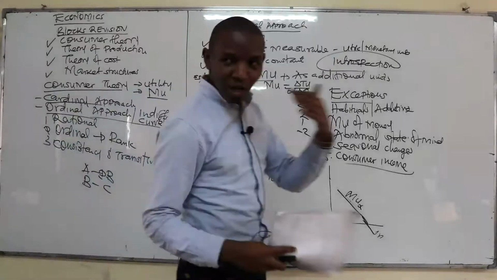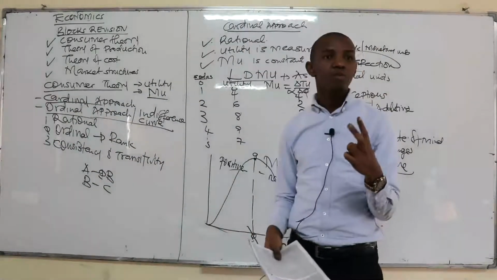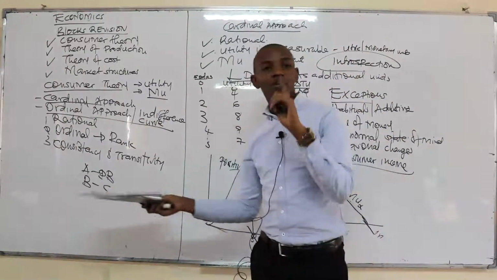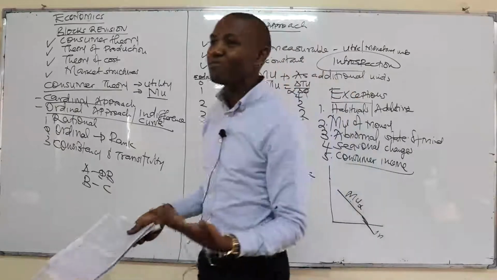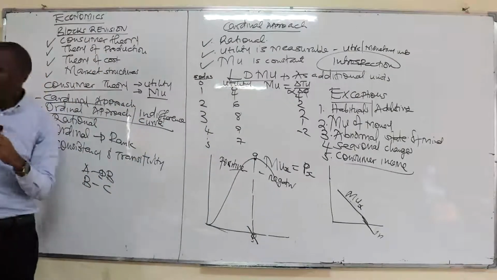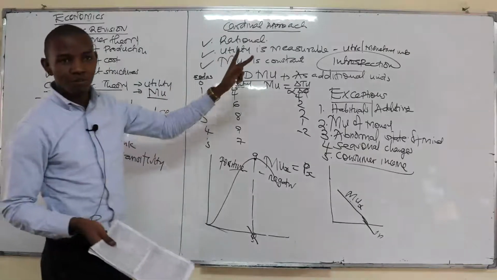So when we talk about the combination, we are talking about two goods. So do not say this is a combination of only one good. Because when we talk about indifference curves, I have said the consumer will be said to be indifferent if he is consuming two types of goods.